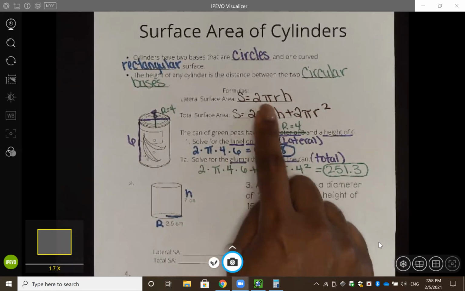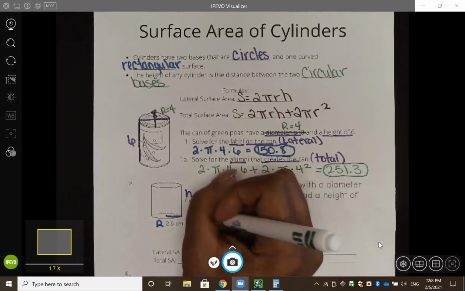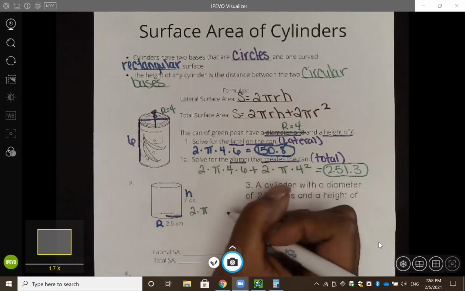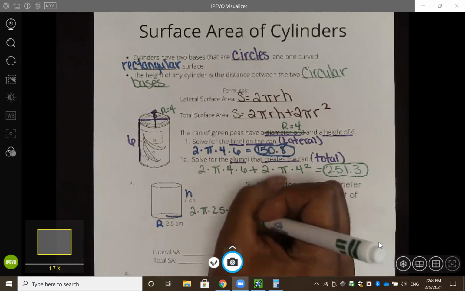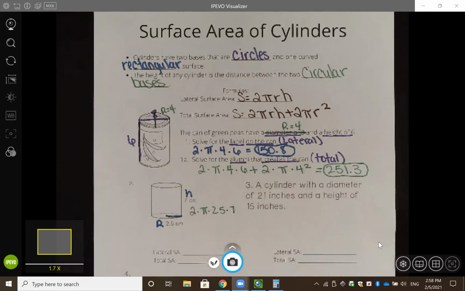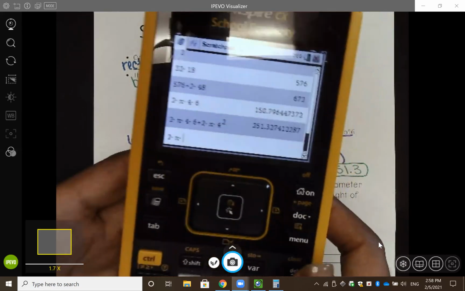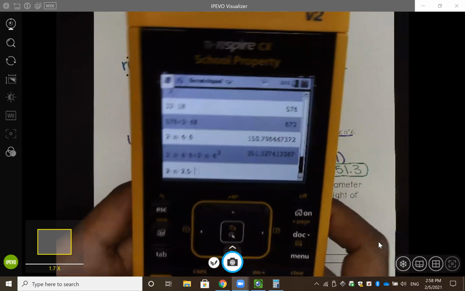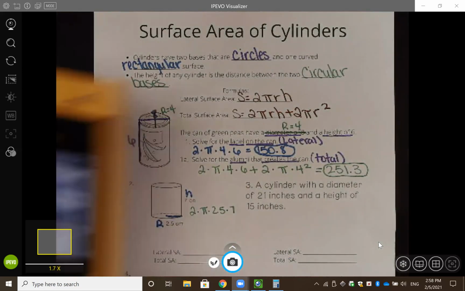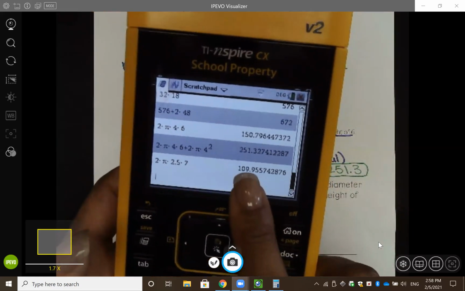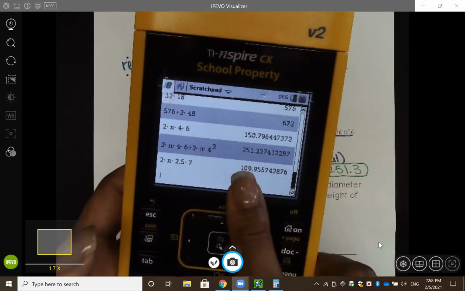So for lateral, it is 2 times pi times 2.5 times my height of 7. 2 times pi times my radius, which is 2.5 times 7, and that is 109, actually 110, because the 5 is going to make that 9 round up, and since the 9 can't round up, it just changes this 109 to 110.